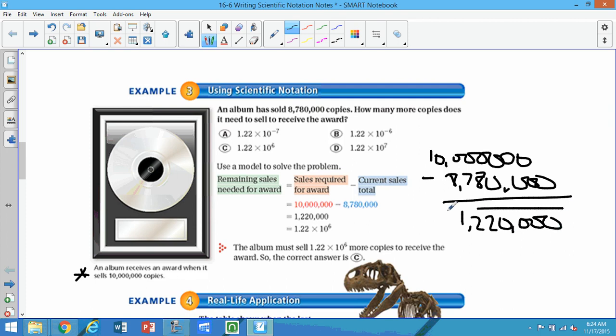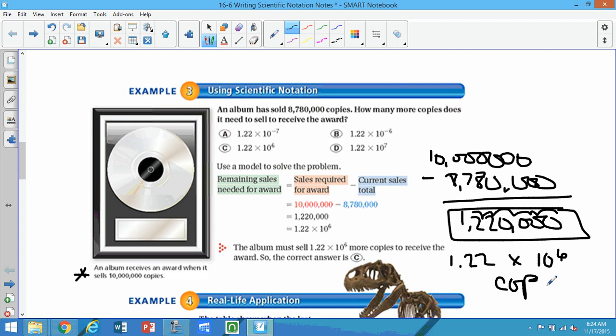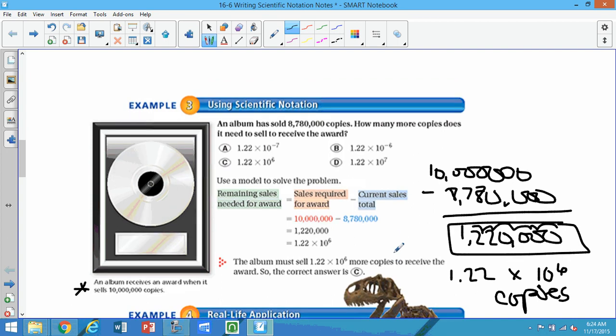Then you're going to write this answer in scientific notation. So the first digit is a 1, so it's 1.22. You drop those zeros, times 10, and then you just count. 1, 2, 3, 4, 5, 6, to the 6th power. And that's your answer. And your label would be copies. That's how many more they would have to sell. Make sure you label it, because it is a word problem.